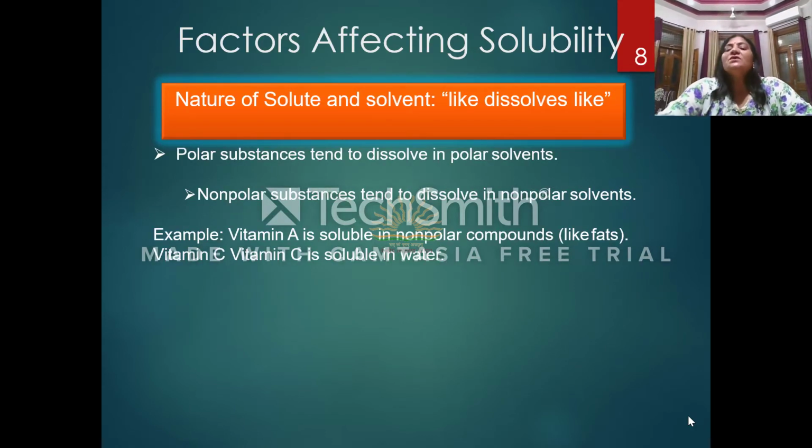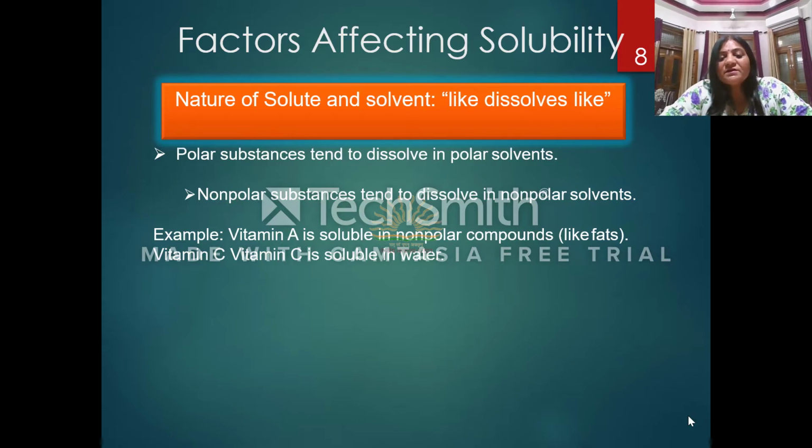Factors which affect the solubility of the solute in solvent. Nature of solute and solvent. We have already read this phrase, like dissolves like. It means polar dissolves polar, non-polar dissolves non-polar.